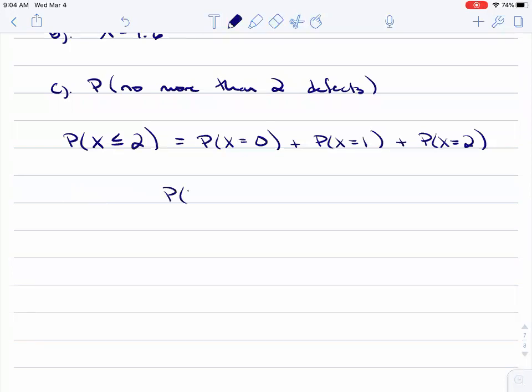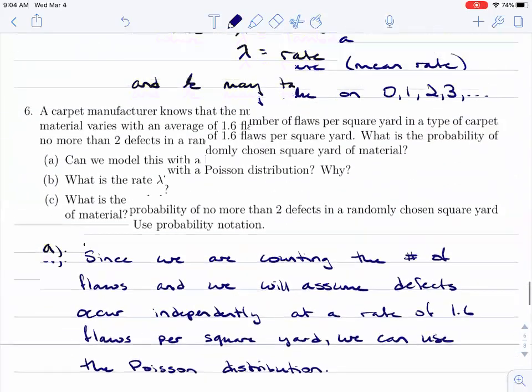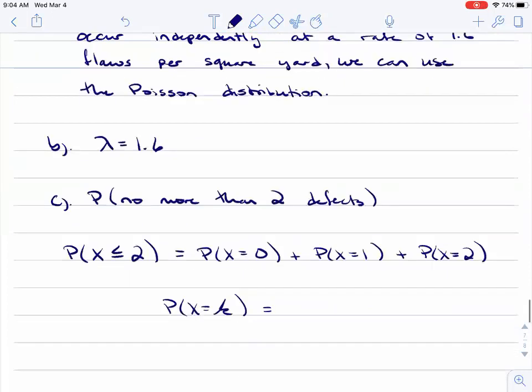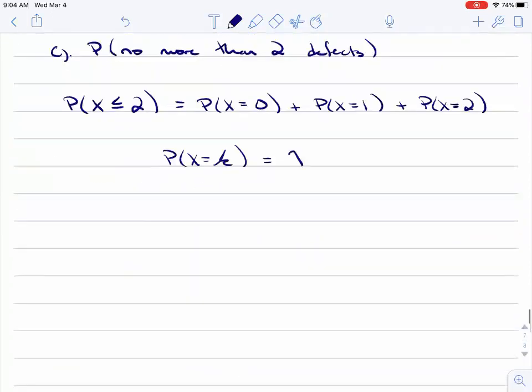The probability that X equals K is lambda to the power of K times e to the negative lambda over K factorial.